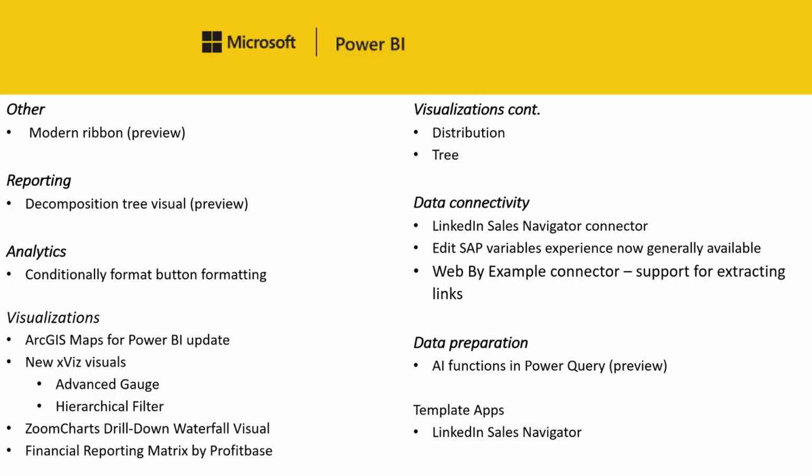The second is that it supports more geocoding, which means up to 3,500 points if you're using the free version of the visual, and up to 10,000 points for ArcGIS subscribers. And the third update is that ArcGIS subscribers now get full Esri technical support for the visual.